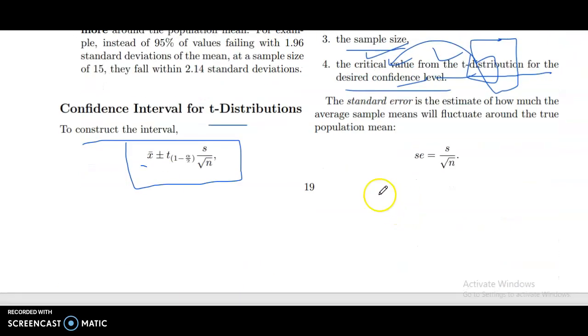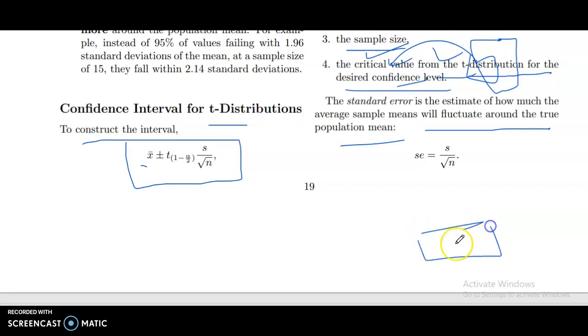The standard error is the estimate of how much the average sample means will fluctuate around the true population mean.